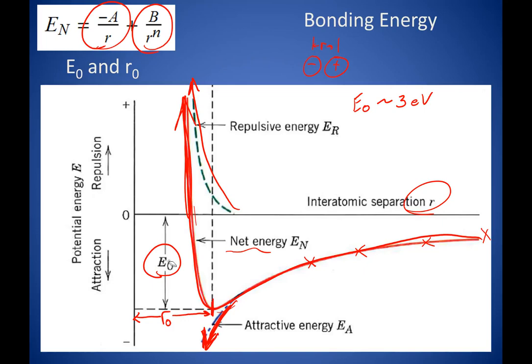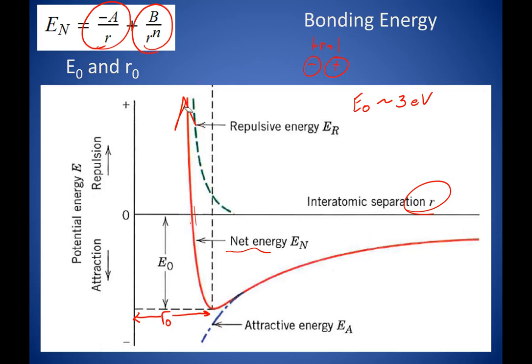Now, if we wanted to come up with, say, an equation for the equilibrium spacing or the bond energy, all we have to notice here is that at our minimum, we've got a slope of 0. So if we take the derivative of the net energy curve with respect to the radius, and we evaluate that at R0, this derivative will be equal to 0.